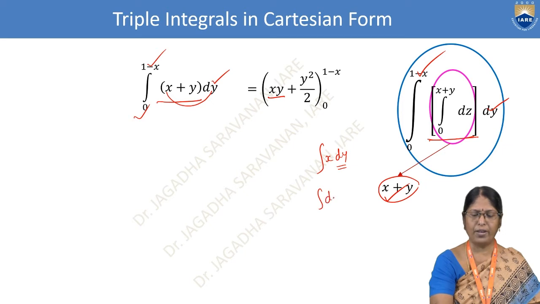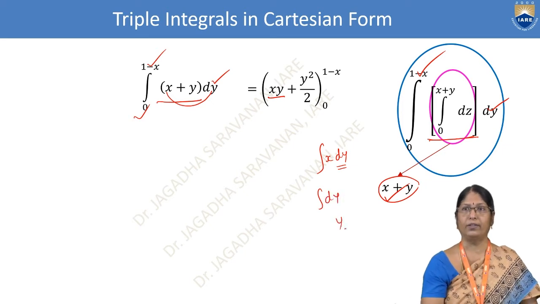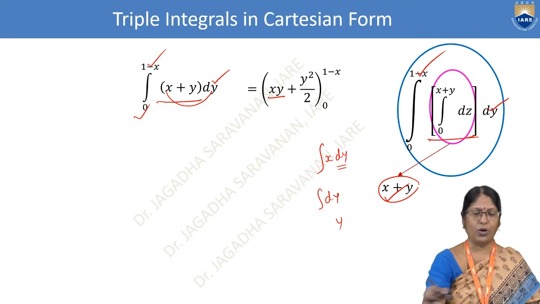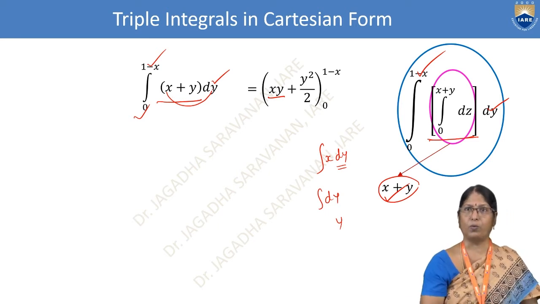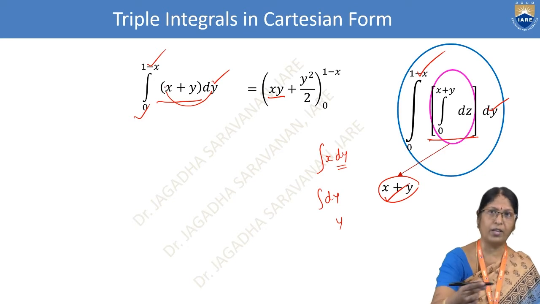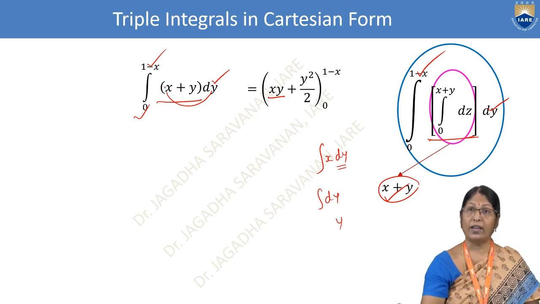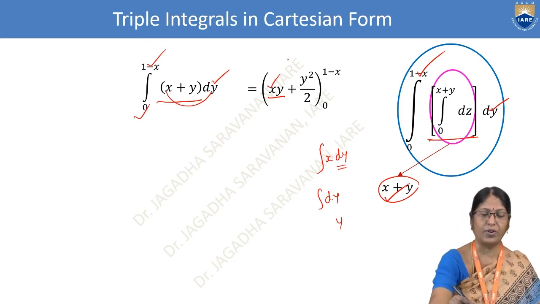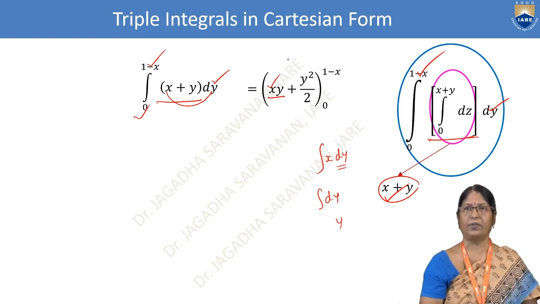If it is simply dy, we know it is y. x is another variable. We are doing the integration with respect to y, so any other variable is treated as constant. This particular integration we can call partial integration, where x is treated as constant.